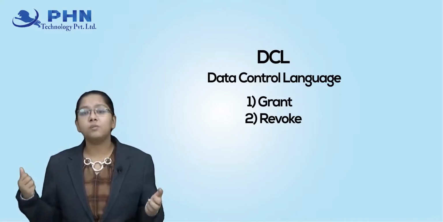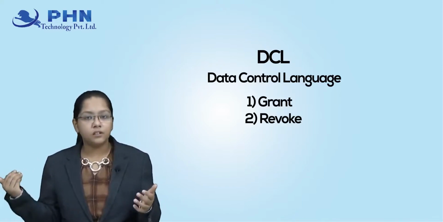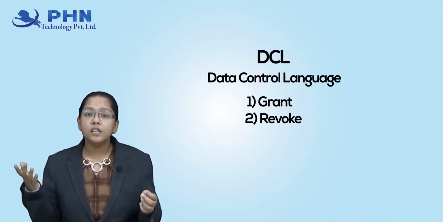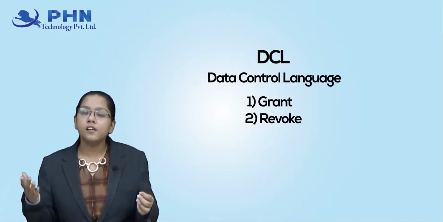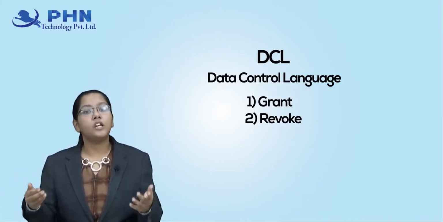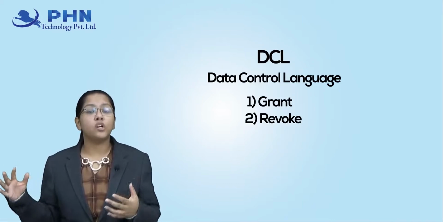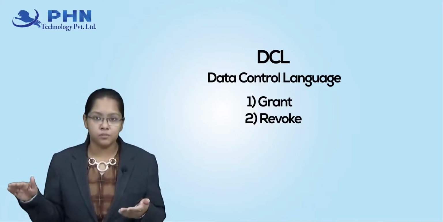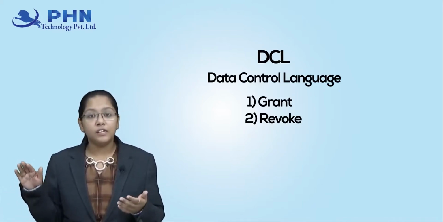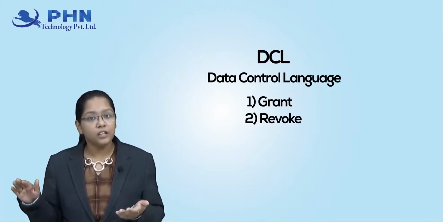It will take out the permissions, right? So grant and revoke are giving you the permission or taking the permission. They have the authority of giving and taking permission for your database, your tables, your data, right? So at this time you need to use DCL, that is data control commands.